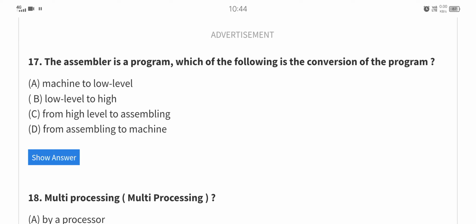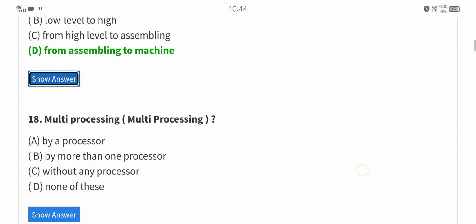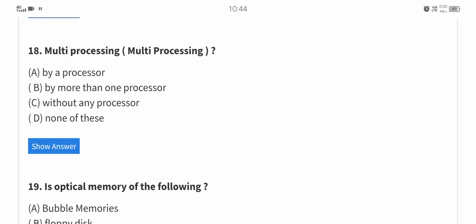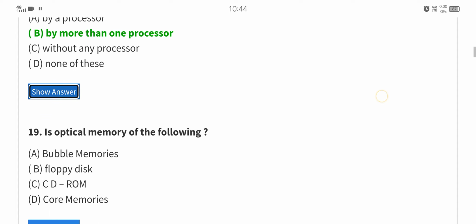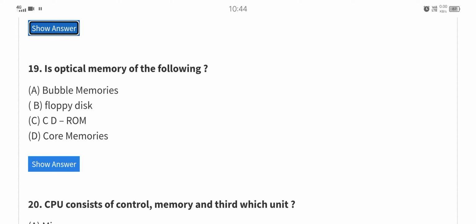Which of the following is the conversion of the program from assembly to machine? Multiprocessing by more than one processor. Which of the following is optical memory? CD-ROM.